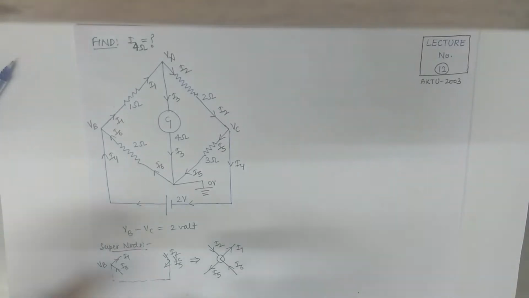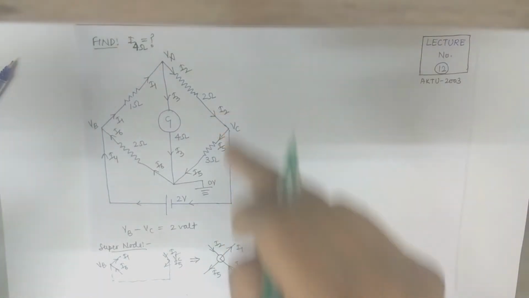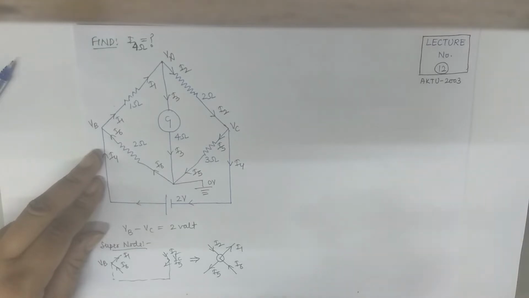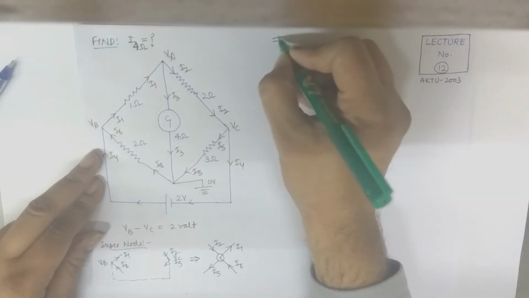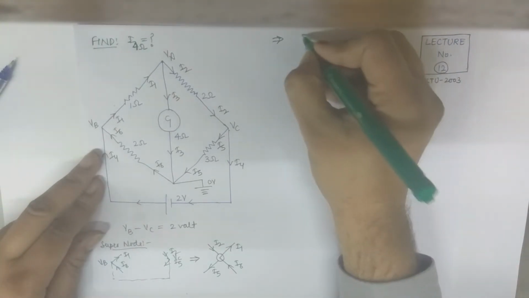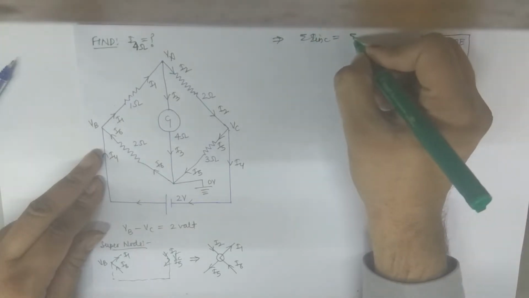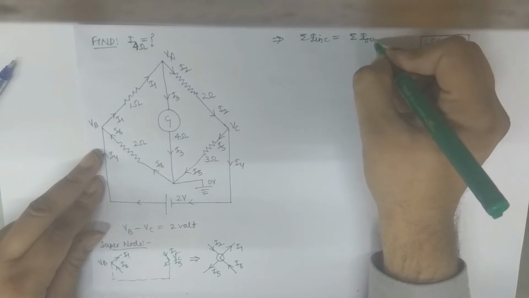So I superimpose these two nodes and make the equation: summation of all incoming current is equal to summation of all outgoing current.